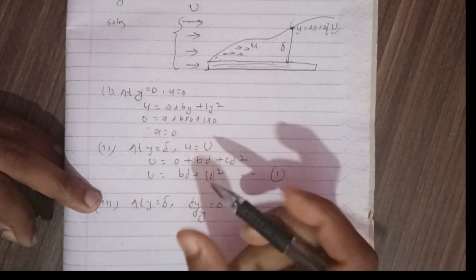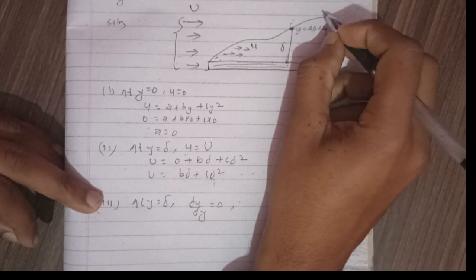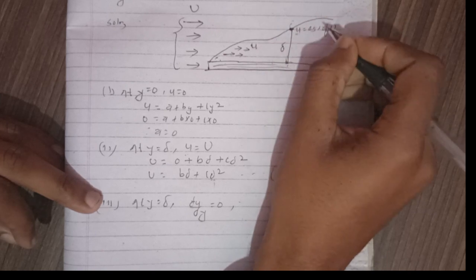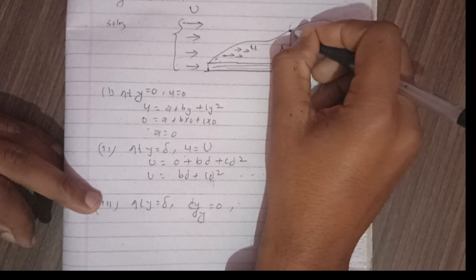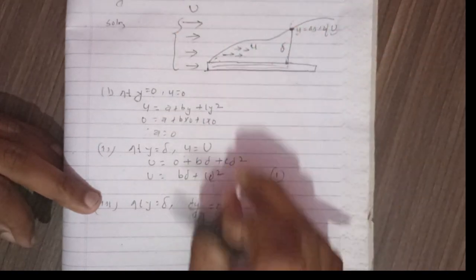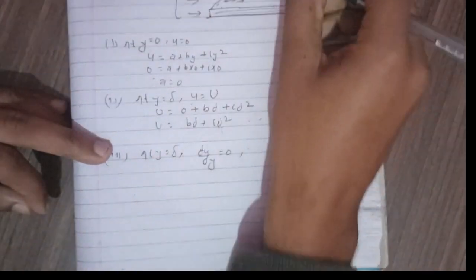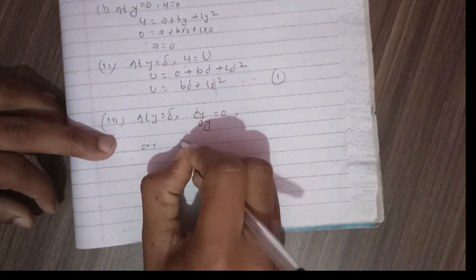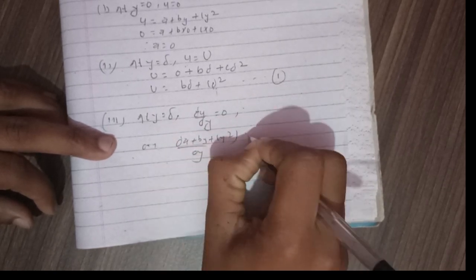It means the velocity is dependent upon the distance within a boundary layer. But when this distance is equal to del, the velocity does not depend upon distance anymore. Above this, velocity is always equal to U, the free stream velocity. So we can write the velocity gradient at y is equal to del is 0.